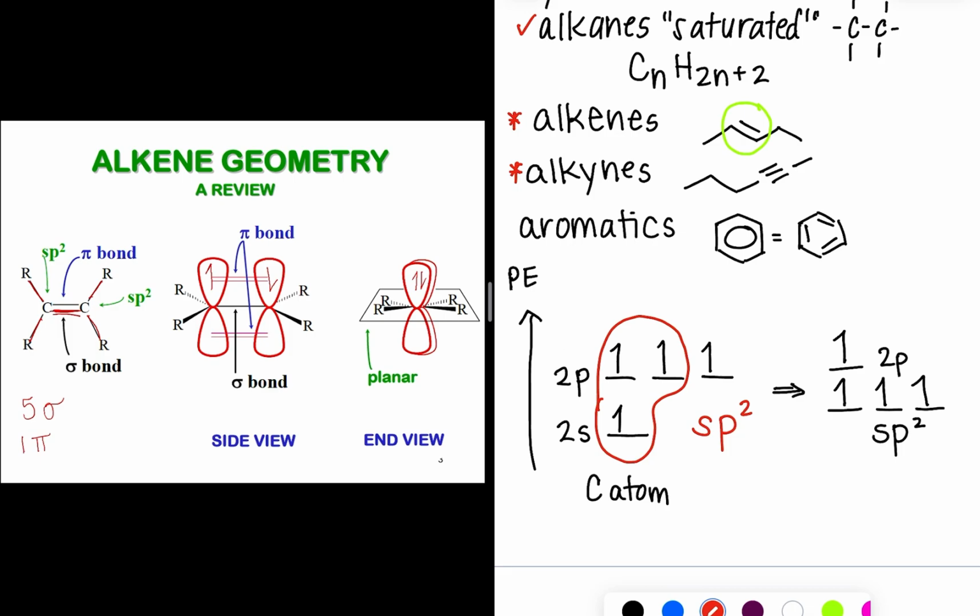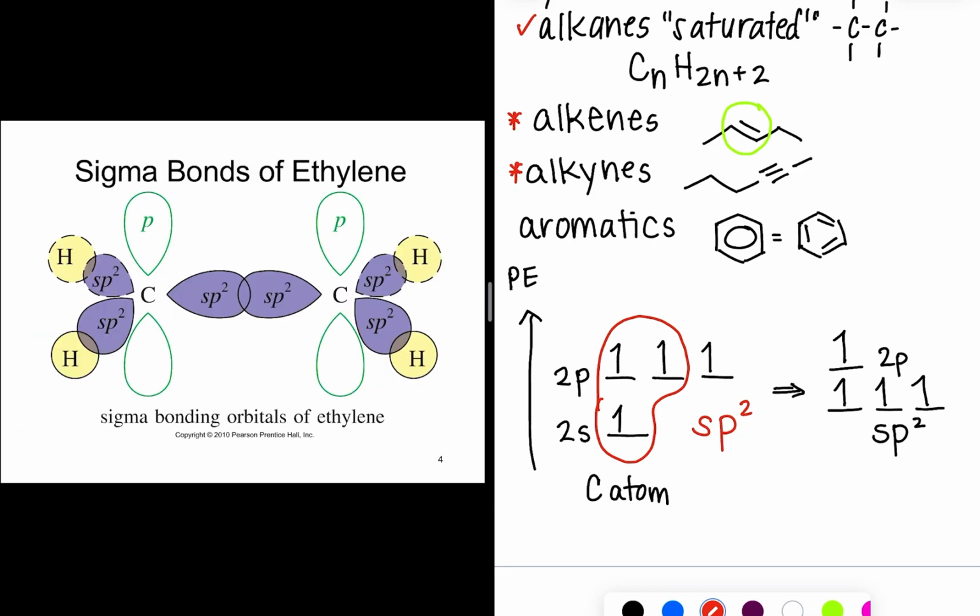The 2p orbital is going to be perpendicular to the sp2 orbitals. Again, this is showing the overlap here with one electron from one carbon and one electron from the other carbon. These are our 3 sp2 orbitals that we're using to hybridize, which are again these right there on the right.